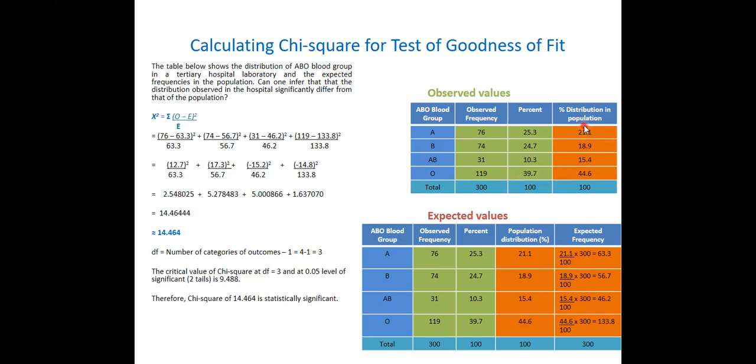If you do all these percentages, they add up to 100. So what is 50.4% of 300? What is 44.6%? That's what we calculated here to get the expected frequency. In the second table, we have calculated the expected frequency from the population, whereas your own frequency is the observed frequency. That's all. Is it clear now?